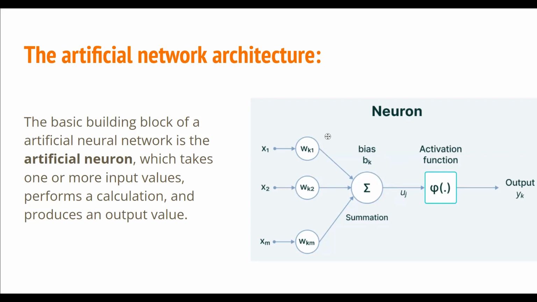Basically, the structure of a neuron is in this way. It takes the information, adds some bias, a constant parameter, and activates it, and processes it based on the weights, and gives the output information as input information to other neurons.